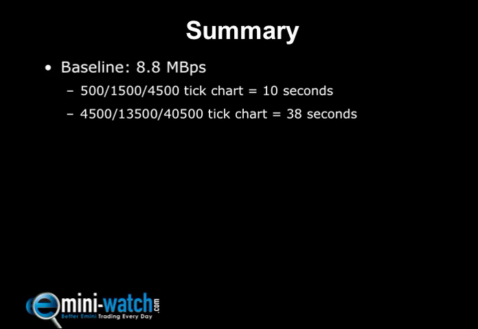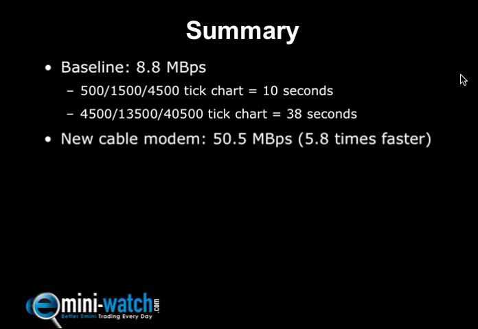I was loading my day trading charts and my long-term charts. That's the 500, 1500 and 4500 tick bar chart, which took 10 seconds to load, and then the long-term chart, which is a 4500, 13,500 and 40,500 tick bar chart, took 38 seconds to load using that 8.8 megabits per second connection.